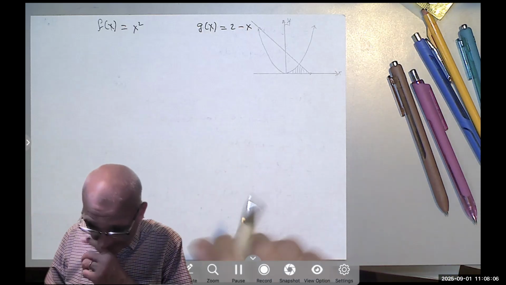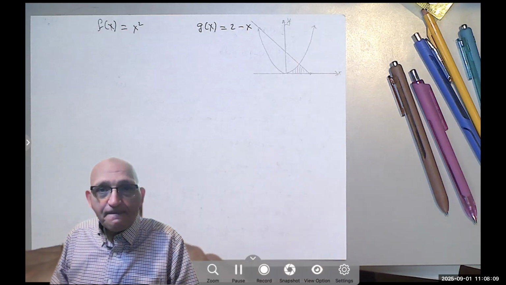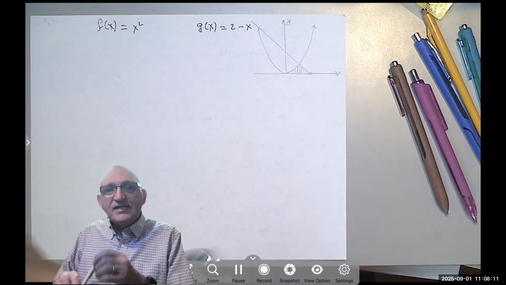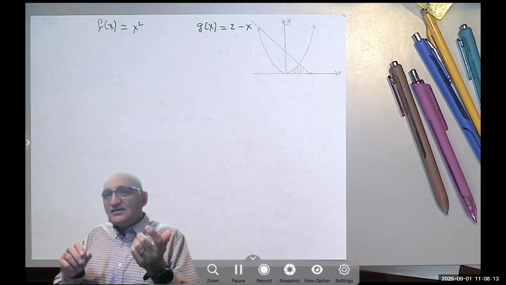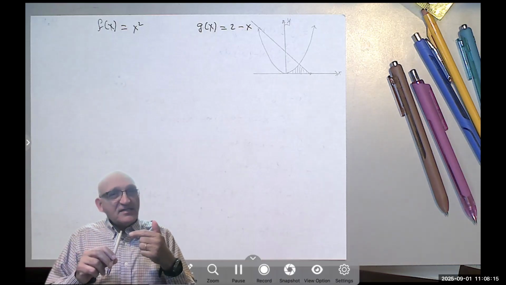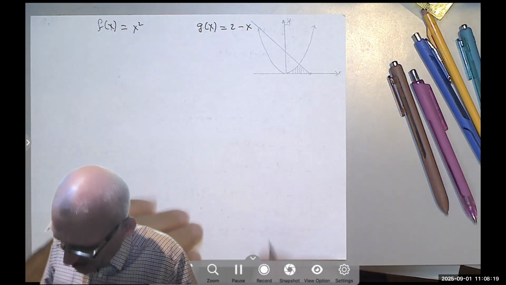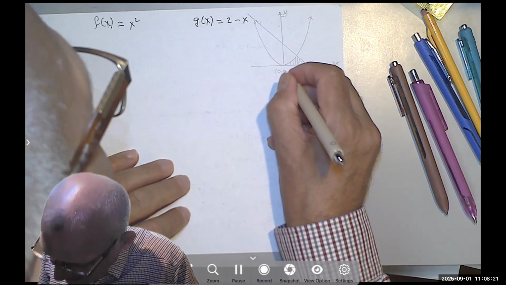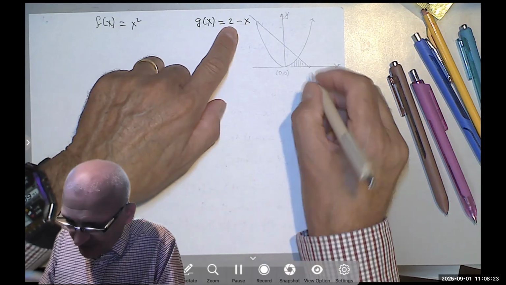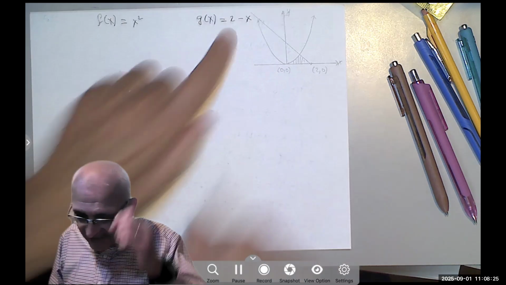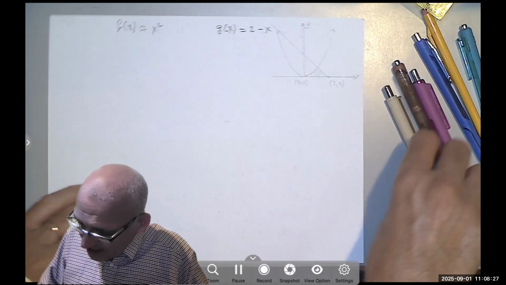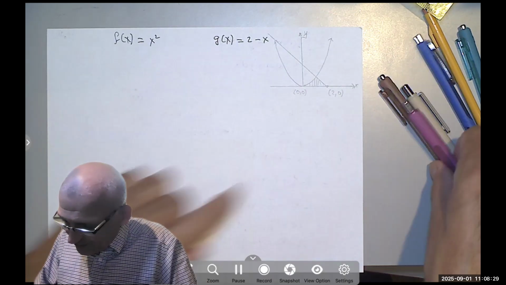Now, of course, you can think of, should I integrate with respect to x or with respect to y? First, let's find the points of intersection. This point is 0 and 0. This point is 2 and 0. You don't need math to do that. And then you would find the point of intersection.